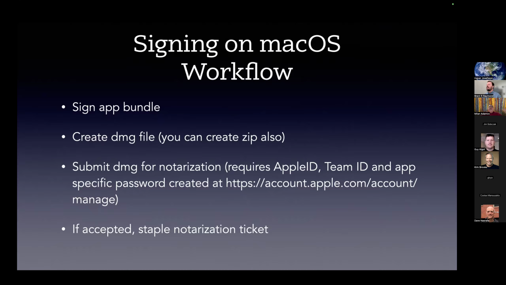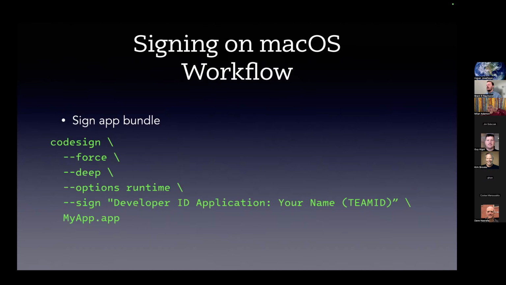If the file is not stapled, macOS will try to contact the notarization service to check if the file is correct, and if it cannot connect to the server, it will refuse to open and install. So by stapling, you are adding a small piece of information on the DMG file that everything is okay. So even without an internet connection, macOS will allow it to open the DMG. So that's stapling.